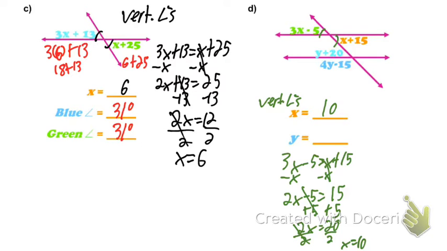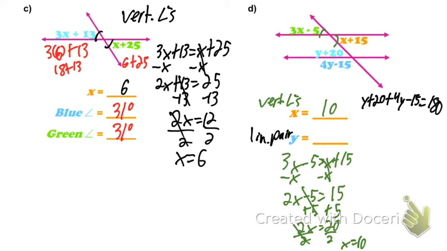We can find the y's next. To find the y's, we'll have to use the fact that they're a linear pair. They make that straight line together. So we have y plus 20 plus 4y minus 15 equals 180. A linear pair are supplementary, meaning they add to 180.